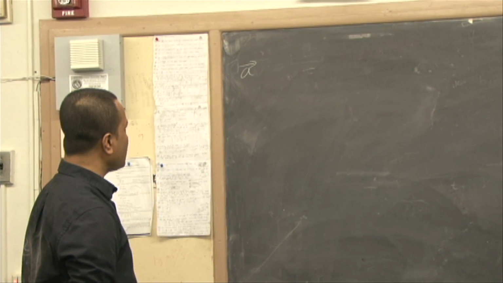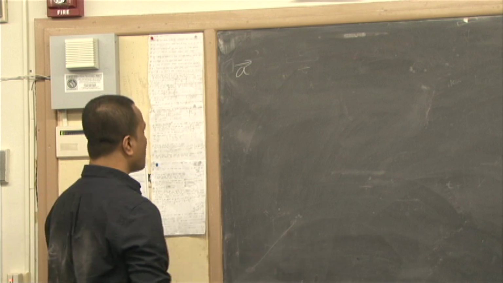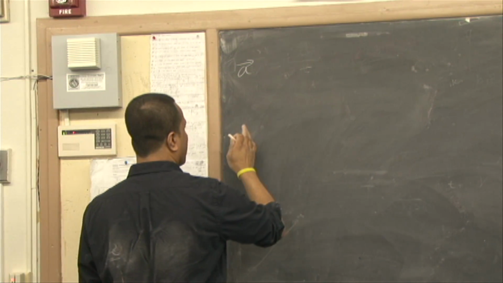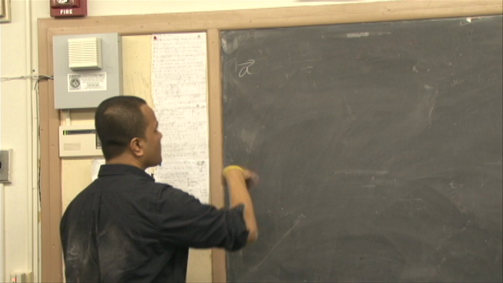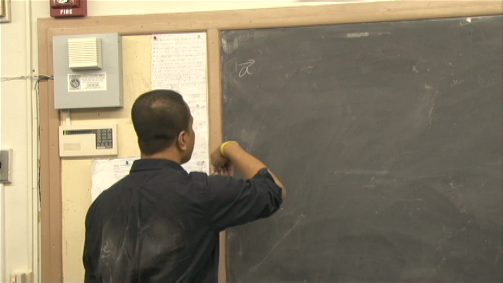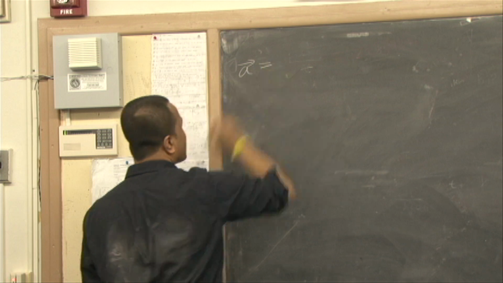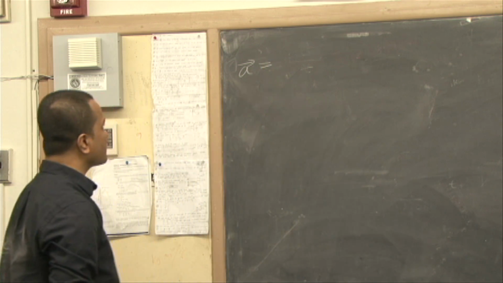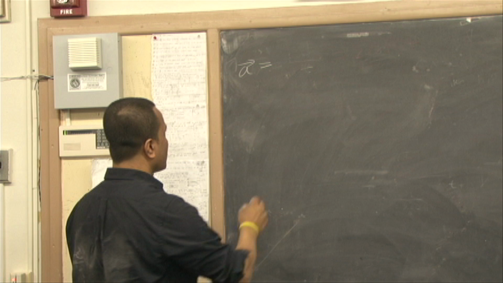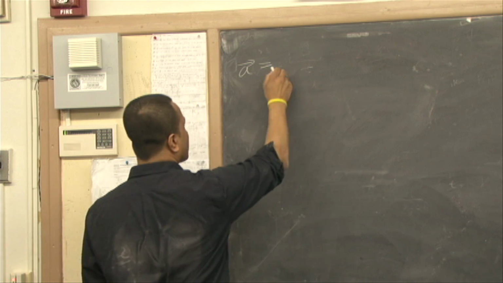What is a vector quantity? A vector quantity has two components, and a scalar quantity has only one component, but we're going to discuss it a little bit later. Let's understand what is acceleration before understanding what is a vector quantity.